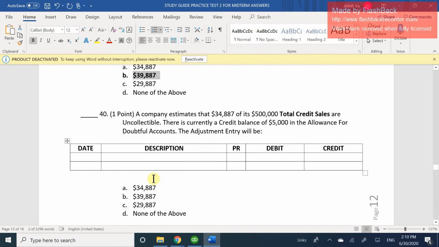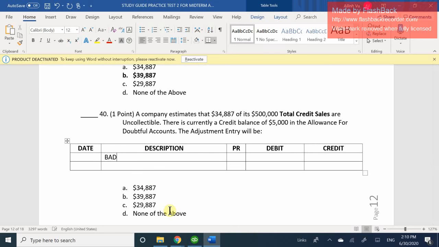Question 40 says, a company estimates that 34,887 of its 500,000 total credit sales is uncollectible. There is currently a credit balance of $5,000 in the allowance for doubtful accounts. The adjustment will be 34,887. Yes.